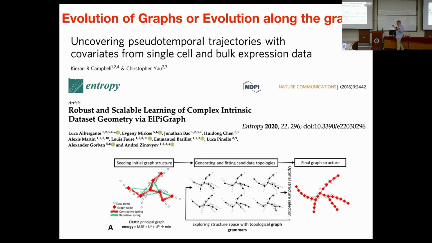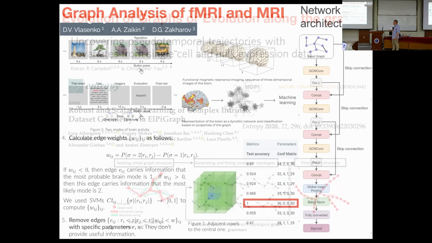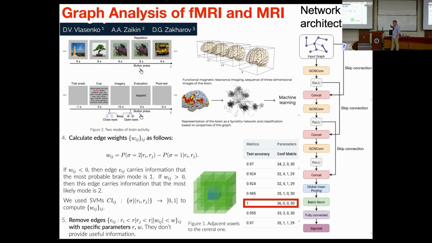Yeah, and now we want to compare this technique. So this is one challenge. Another challenge is that Daniel Vlasenko suggested using the Synolitic representation for analysis of fMRI images. So practically, we first map fMRI signals onto a parcellation atlas of ROI, regions of interest. There are, if I'm not wrong, 379 regions of the brain.